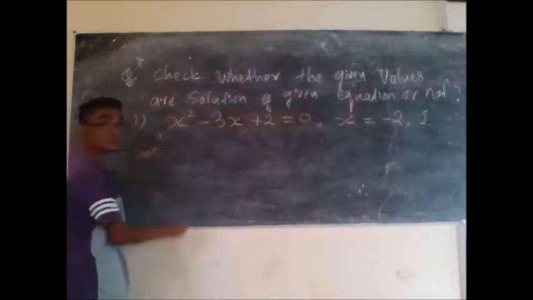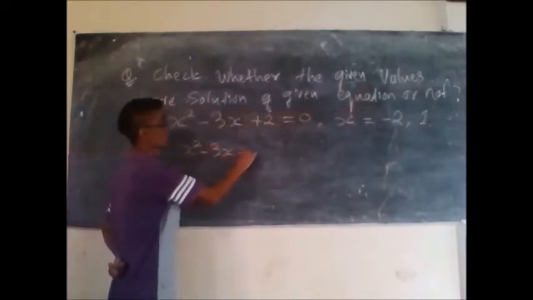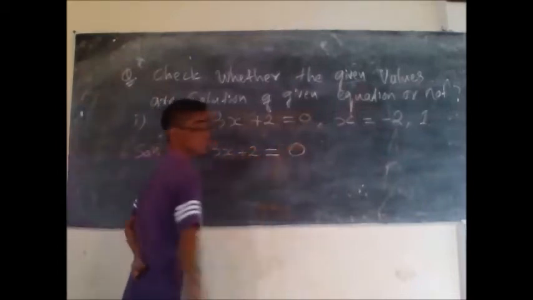Is it a solution of x square minus 3x plus 2 equal to 0?